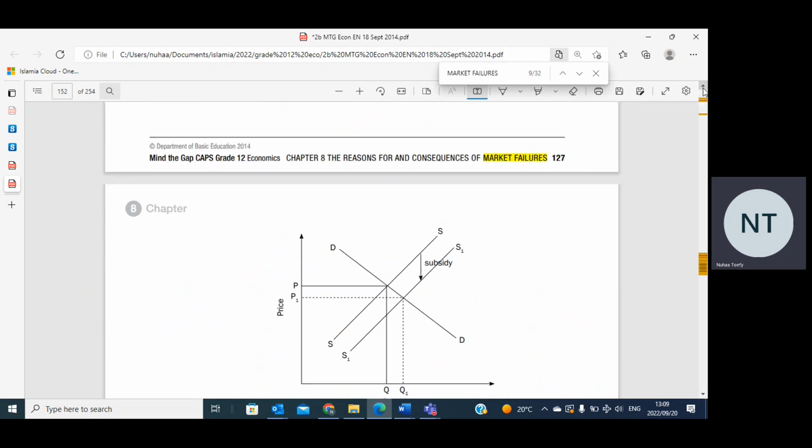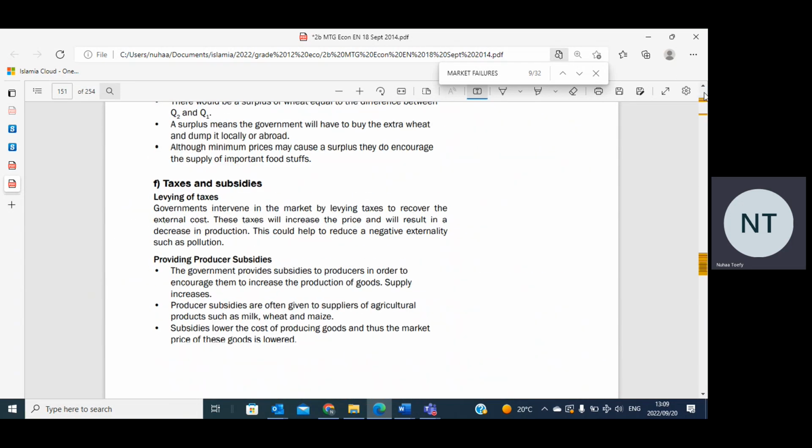Right, now let's check out the next thing that the government does: taxes and subsidies. So, any item with a negative externality, we are going to put taxes on those prices. It says there to recover the external cost. The external cost is the cost to society, right?